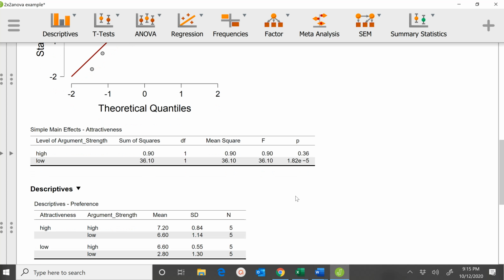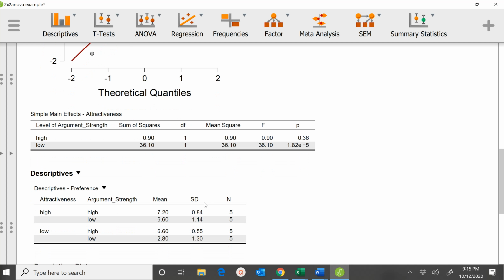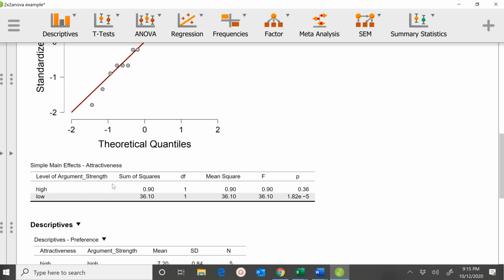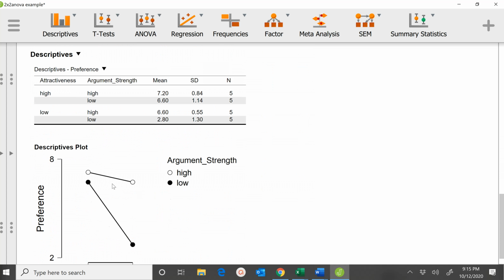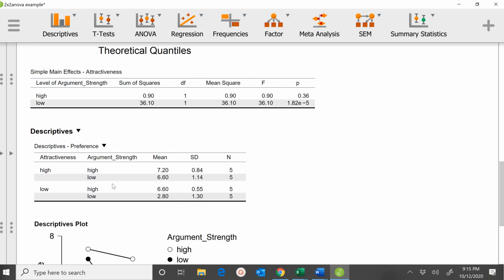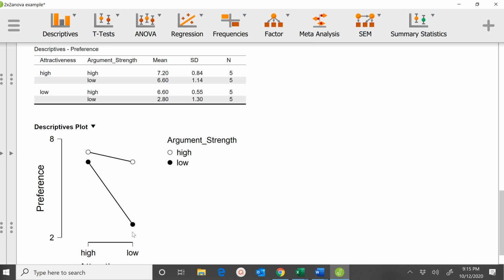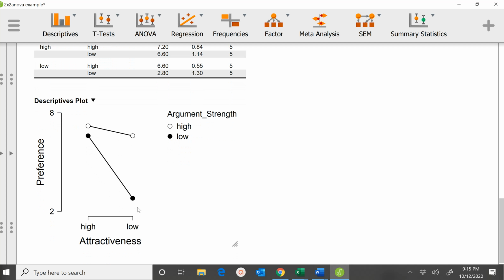So looking at the means, we can see that the low condition is what seems to drive this interaction.